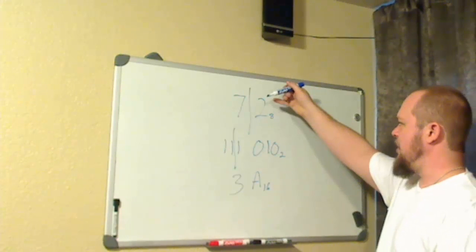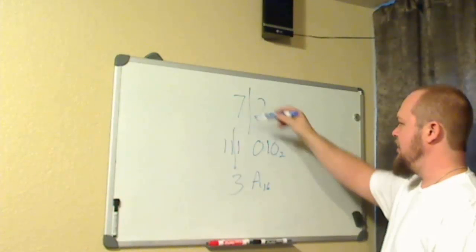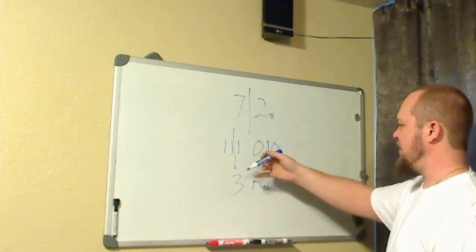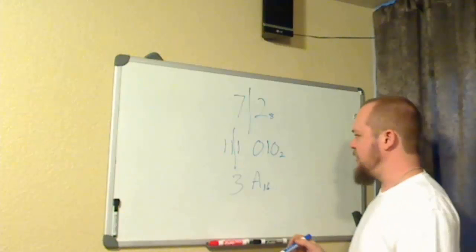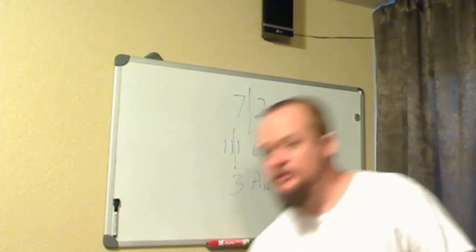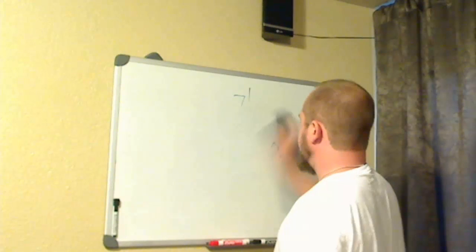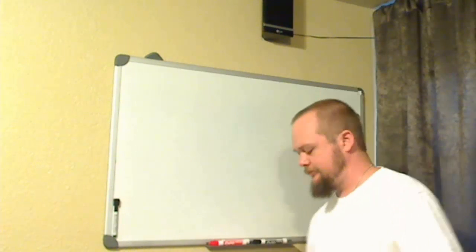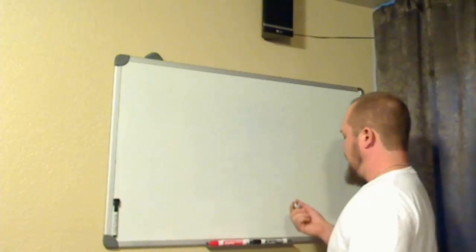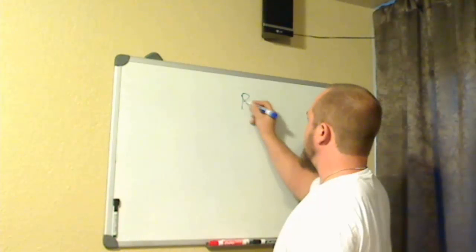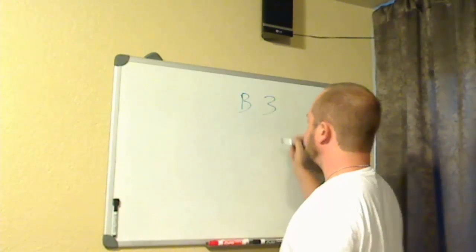So to convert octal to hexadecimal, split it up into binary and convert it to hex. It works the same way for hexadecimal to octal, and we will do that problem now. Let's take B3.